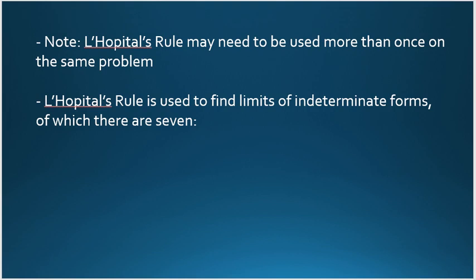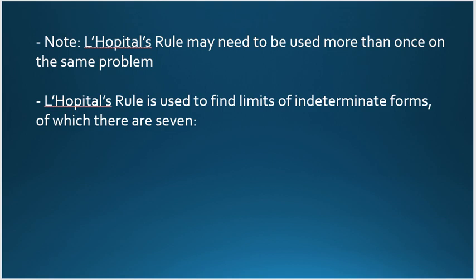Now, what is L'Hopital's rule really used for? L'Hopital's rule is used to help us find limits of things that are in a bad form, otherwise known as an indeterminate form. 0 over 0 and infinity divided by infinity are two such forms.